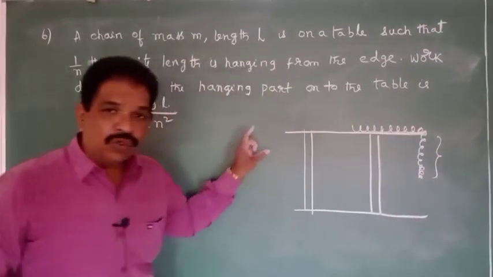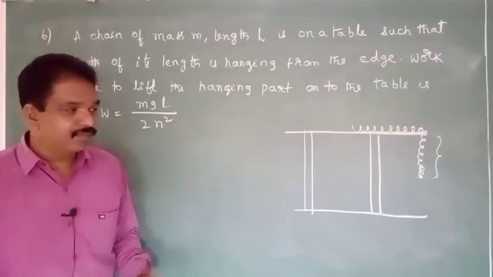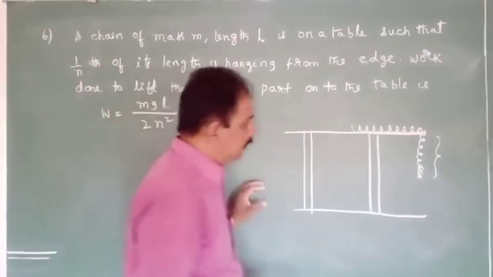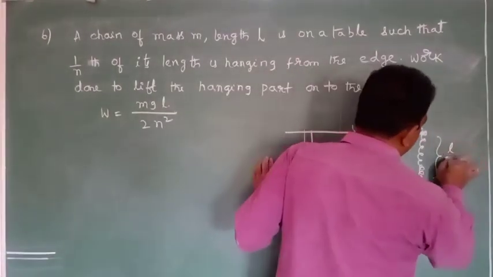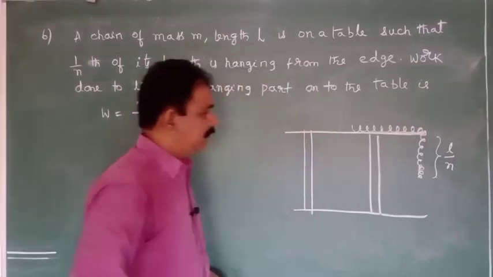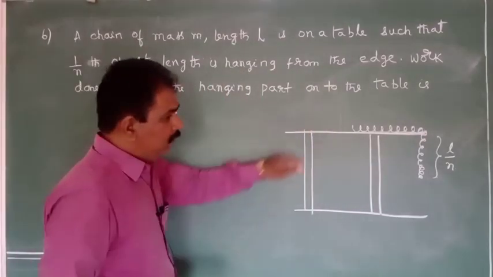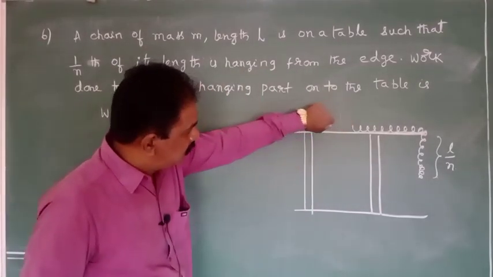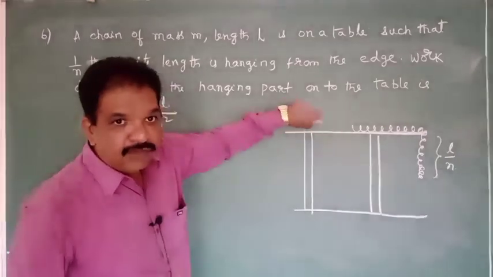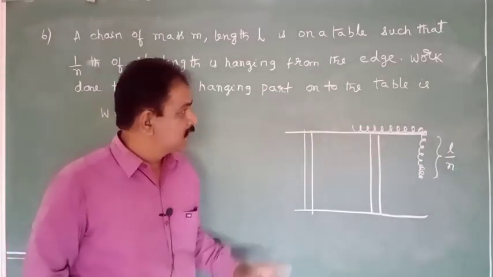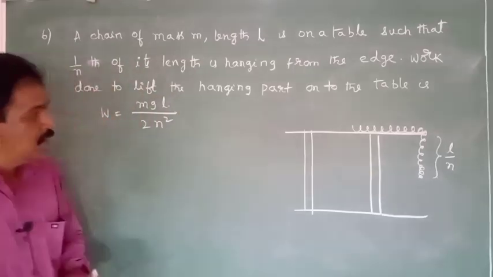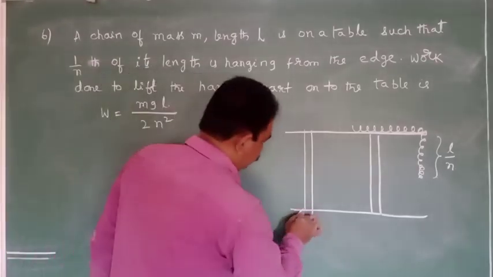So if the total length is L, the hanging part length will be L by n. What we are doing is pulling the chain onto the table slowly. What is the work done? mgl by 2n square.